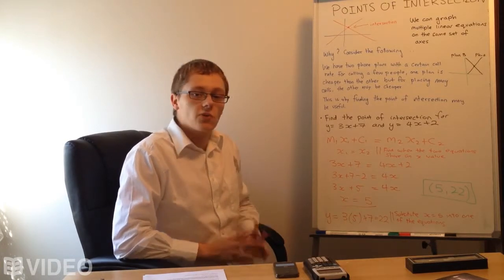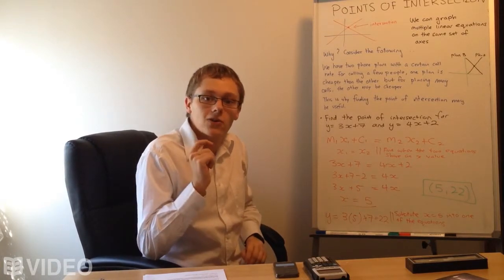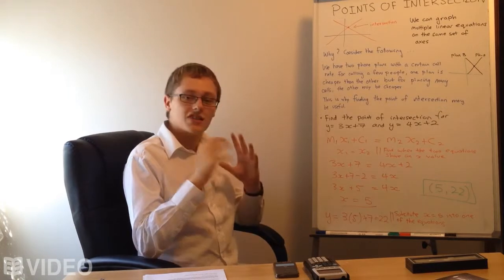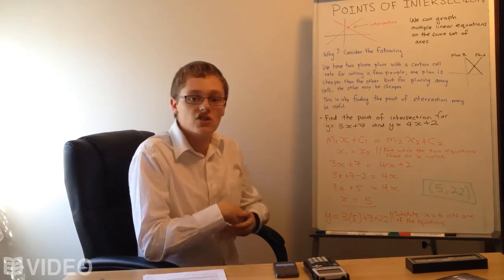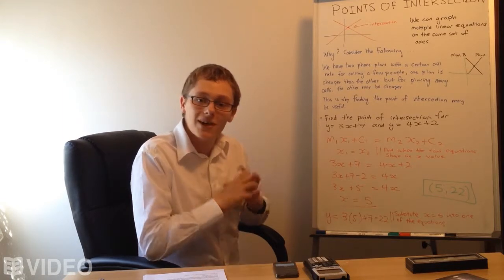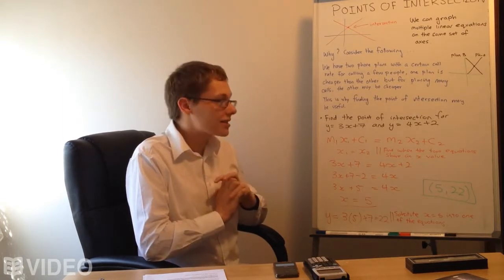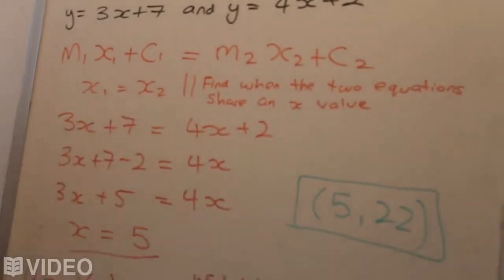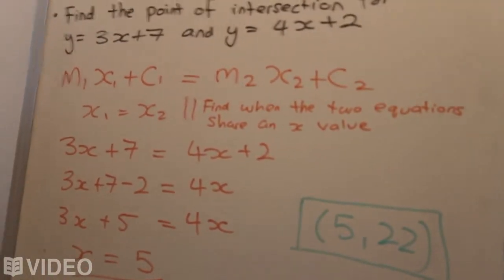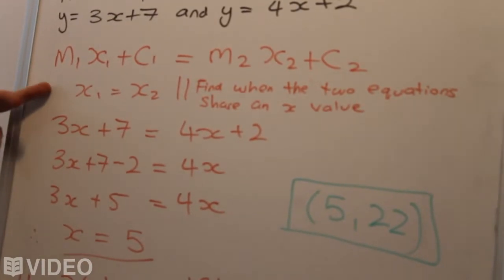That's what we want to find, because once we find that x value, all it is a matter of doing is substituting the x value into one of the equations to get the y value, and you find where they intersect. Excellent. So, we know that we need x1 to equal x2 at the point of intersection. That's the key thing that we need to start with.